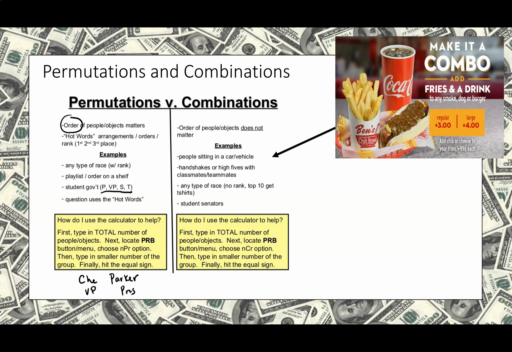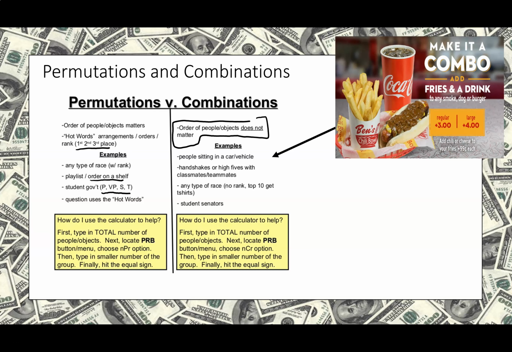So in general, there's more permutations because order does matter. There's a few hot words here you should look for. Anything that has to do with giving places or giving positions or order matters, that's when you know it's a permutation. Now combination, order does not matter.